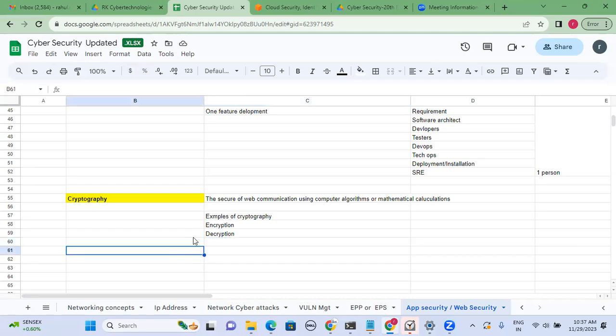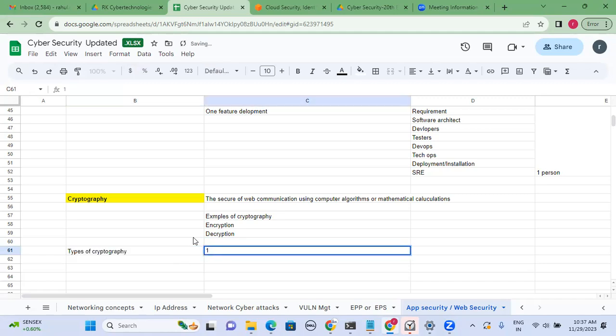Now, there are two different types of cryptography technologies we have. Types of cryptography: two, indirectly three. Symmetric. Second one, asymmetric.